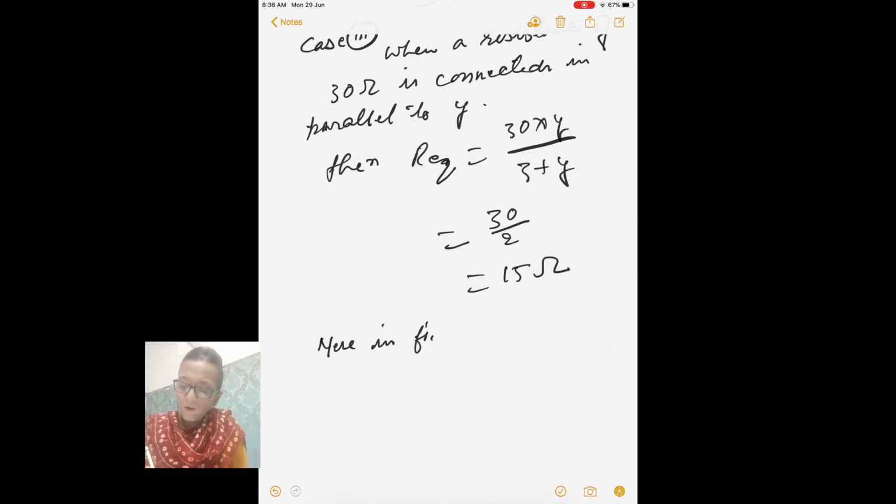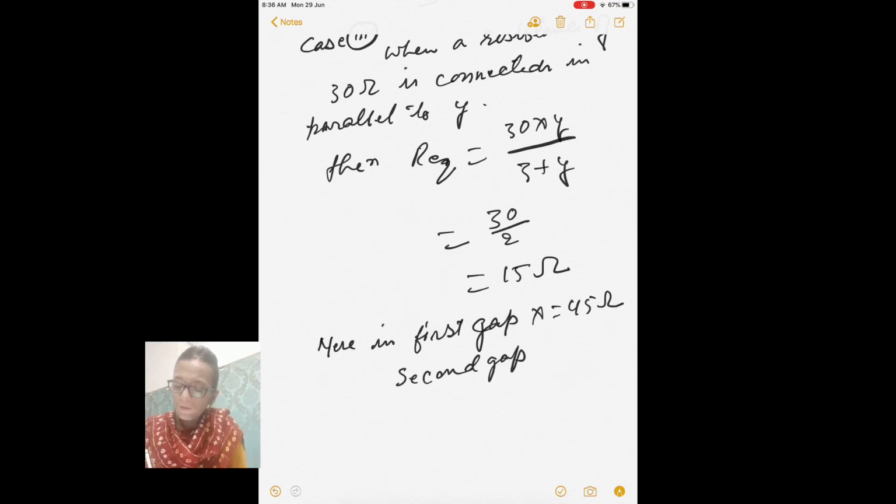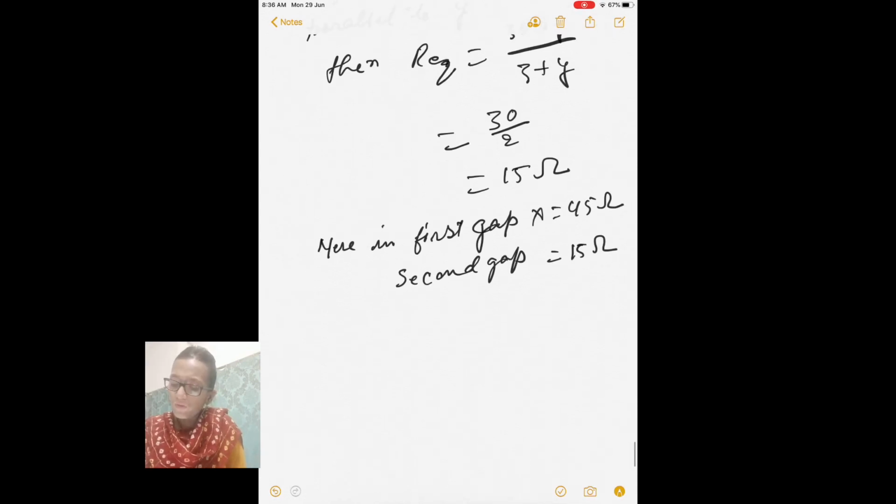Here in the first gap, x is equal to 45 ohm. Second gap is equal to 15 ohm.